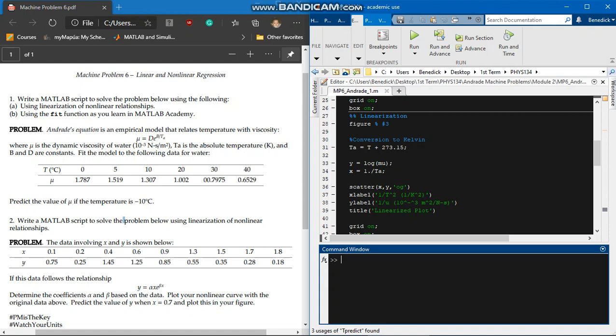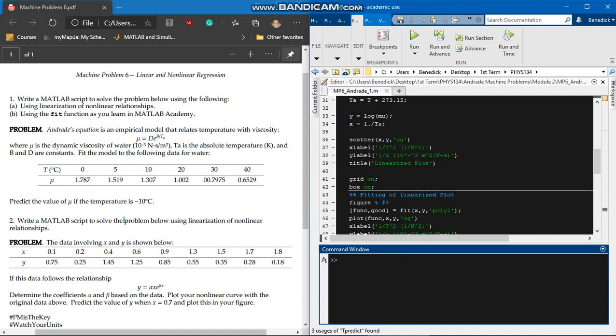Upon linearizing the equation, the new values became y is equal to log of mu. I use the logarithm to linearize. X is equal to 1 over T_a, as the x vector, and then I use the scatter plot with the labels. So this is the linearized plot.